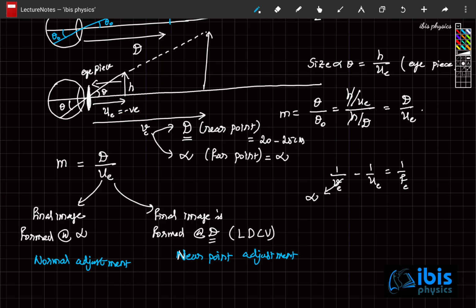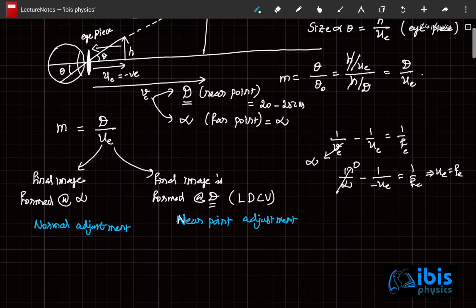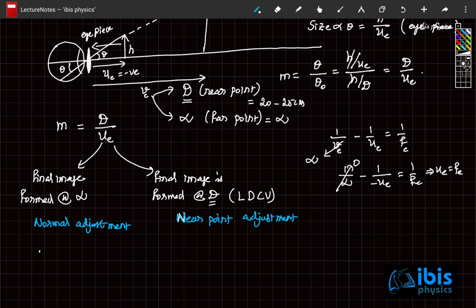V has to be infinity, so 1 by infinity minus 1 by minus UE equals 1 by FE. 1 by infinity becomes 0, so 1 by UE equals 1 by FE, which means UE equals FE. If UE equals FE, the final image is formed at infinity, hence the magnification produced in the normal adjustment equals D by FE.